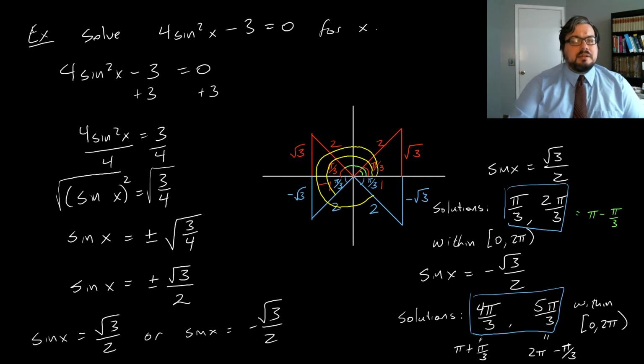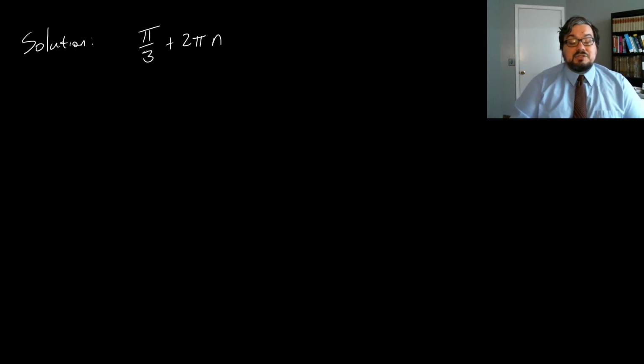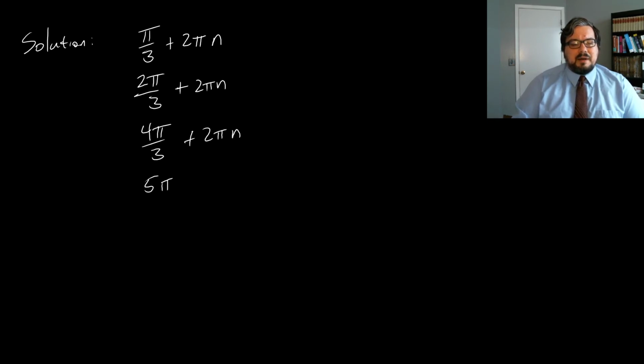So that means that our true solution is going to be pi over 3 plus 2 pi n, because 2 pi is the period of sine. 2 pi over 3, I'm sorry, not equals, but plus 2 pi n. 4 pi over 3 plus 2 pi n, and 5 pi over 3 plus 2 pi n.